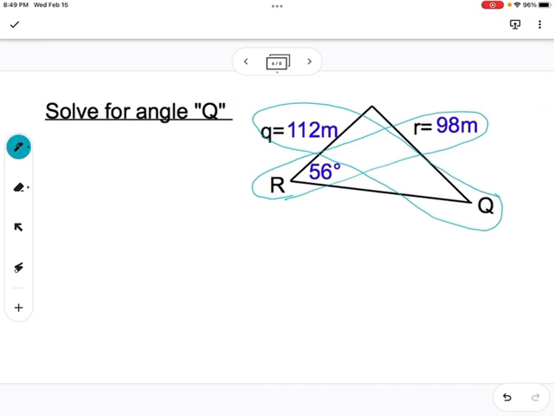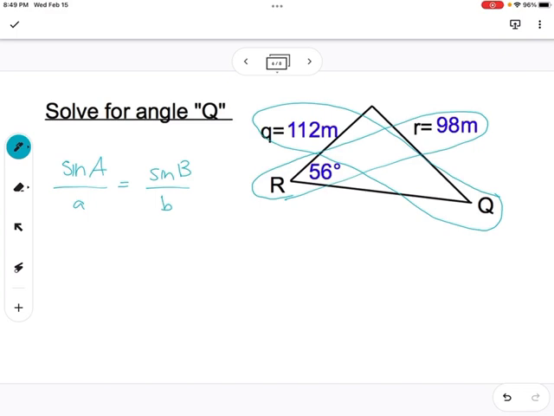Okay, so you've been given the equation where it's A over sine A equals B over sine B. We can also flip this formula where we have sine A over A equals sine B over B, and we'll be able to solve this in the same way.